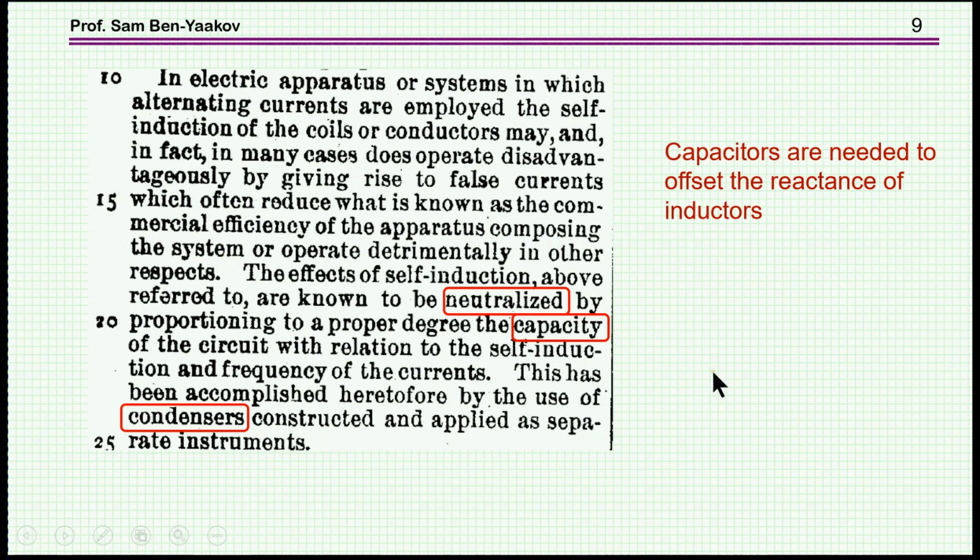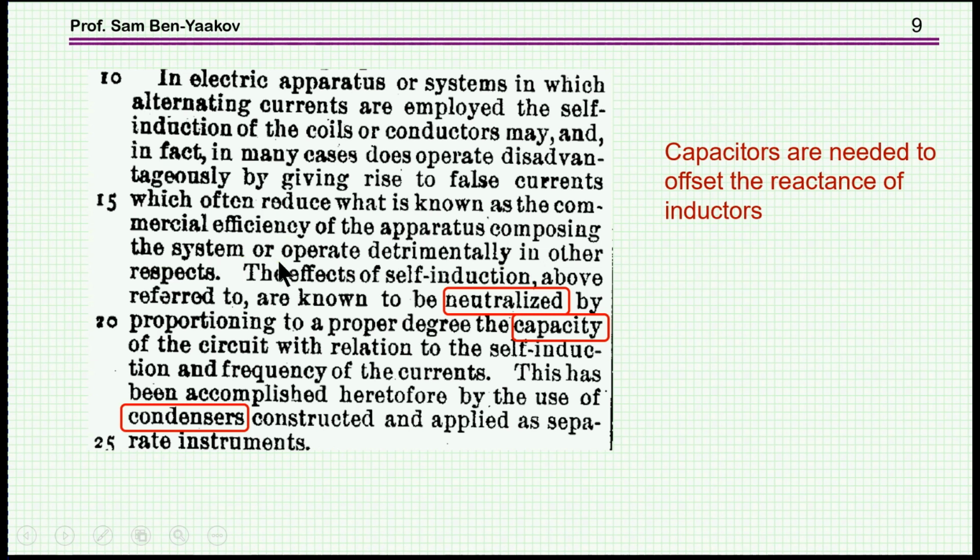So here in the first part of the patent, Tesla is explaining the background. It says that in electric apparatus or systems in which alternating currents are employed, the self-induction of the coils or conductors may, and in fact in many cases does, operate disadvantageously by giving rise to false currents, which often reduce what is known as the commercial efficiency of the apparatus composing the system.